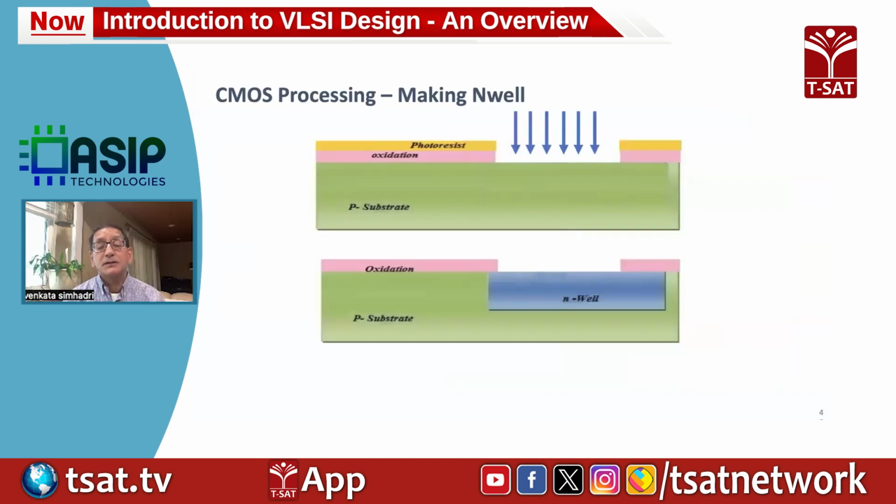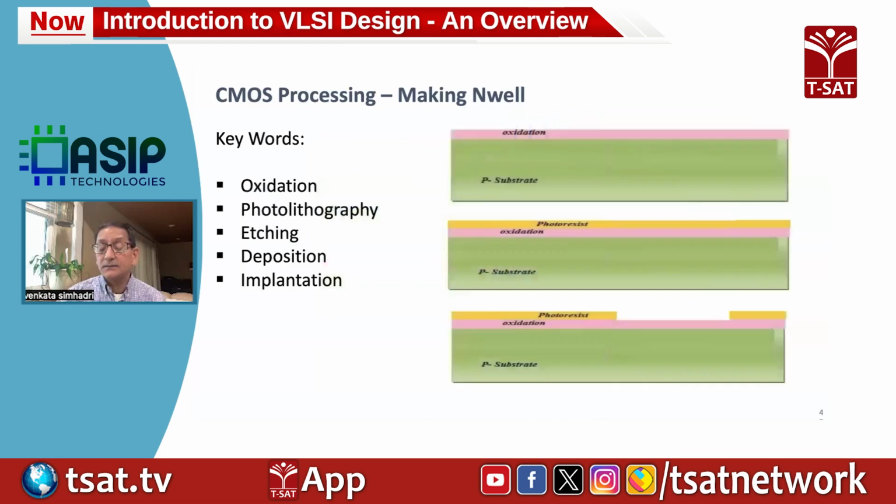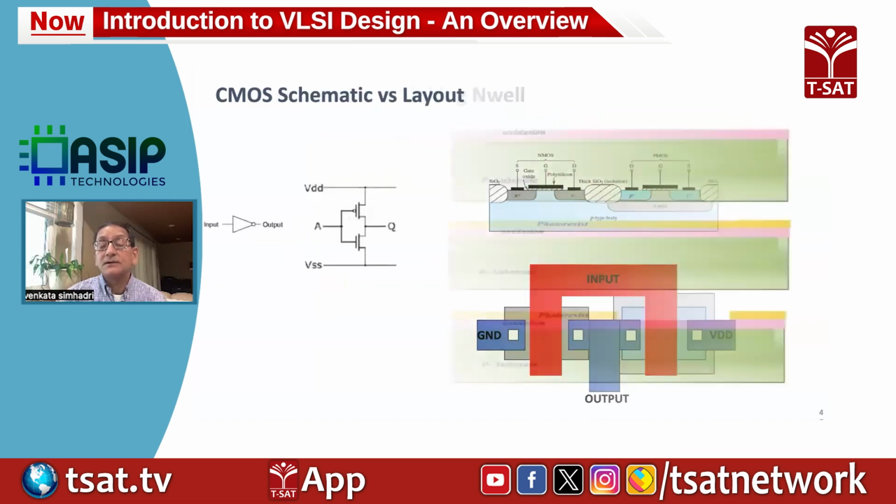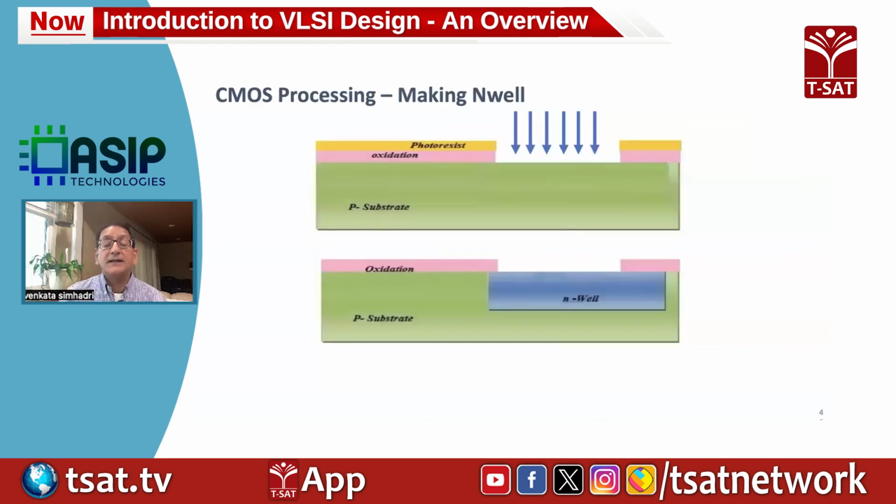So it's a simple thing. I will just give you an idea of how an N-well is created. You first create a layer of oxidation on the wafer. Then using the photolithography process, you remove the area where you want to create the N-well, and then you implant it with N-type diffusion that will create the well there.